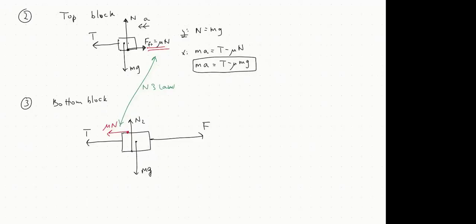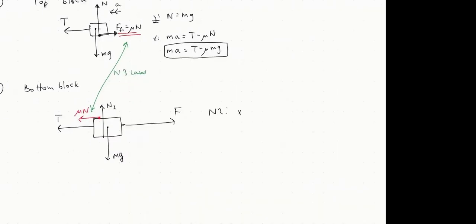And now we can write down Newton's second law. So horizontally, in the x direction, we know that it is accelerating to the right. So mass times acceleration is equal to the resultant force, which is F minus T minus mu n, which is mu mg. Nice. So now I can express T from here.